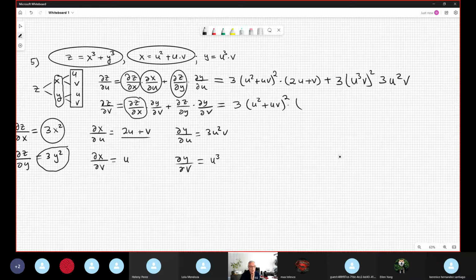Times, what is partial y with respect to b? u. Plus partial z with respect to y is this guy, no? It's 3, and y is, this was similar, u cubed b squared. Times partial y with respect to b is u cubed.